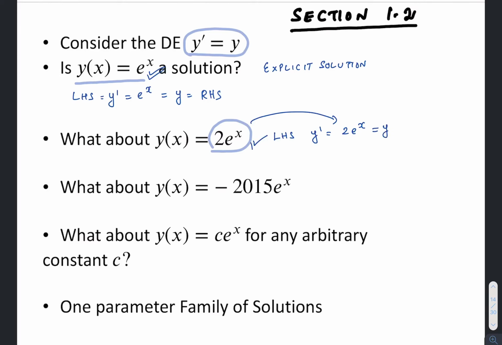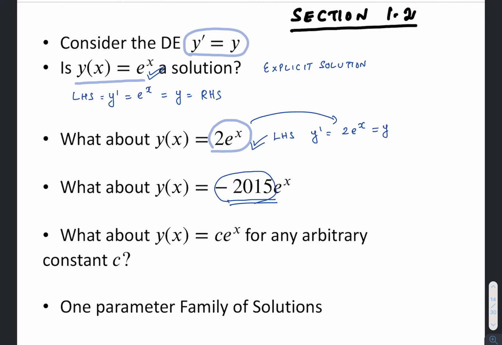Therefore, this is also a solution. By the same token, you can verify this one is also a solution. As a matter of fact, this number does not matter. You can choose any constant, even 0, because the derivative of 0 is 0 itself, so that is also a solution.